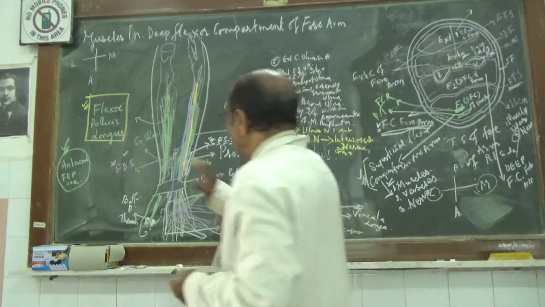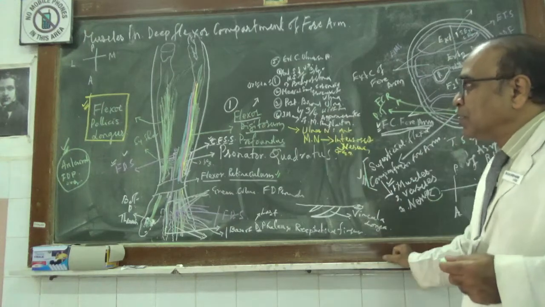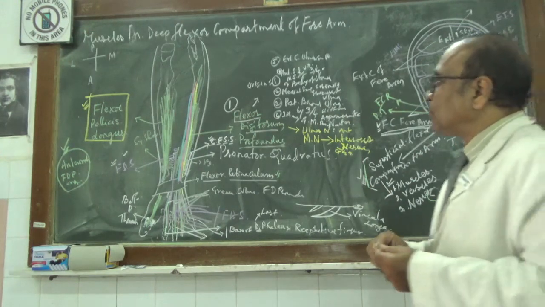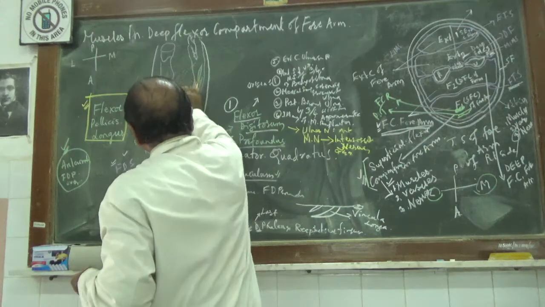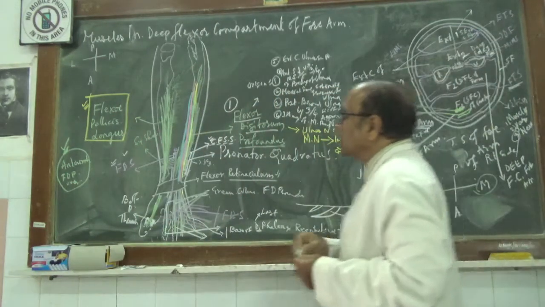Now let us see what you get behind this muscle. First is the interosseous membrane, because it takes origin from that.